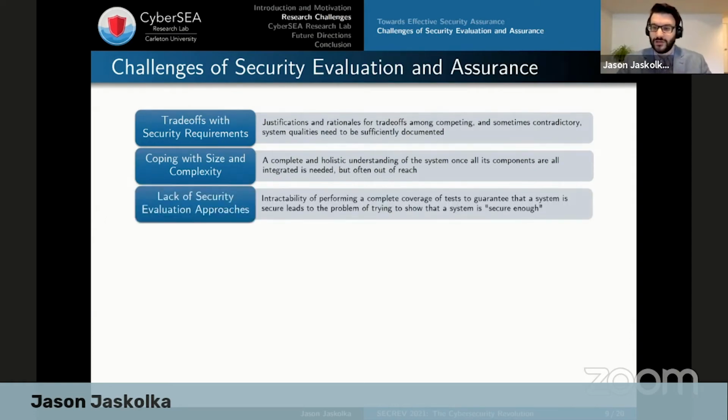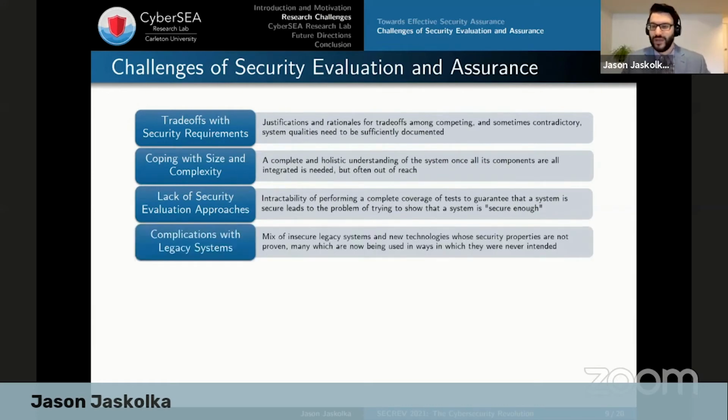There is a lack of security evaluation approaches. There's this intractability of performing a complete coverage of tests that will enable us to guarantee that a system is secure, leading to the problem of trying to show that the system is simply secure enough. We have complications with legacy systems.